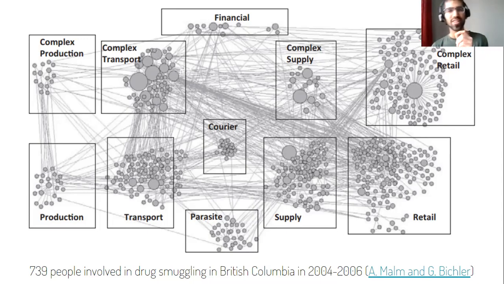So what the researchers did that was so cool, I think, was these bigger dots that you see, they're not the ones that are most connected. They're the ones that have the most niche roles. By that, I mean they're the ones that perform the most specialized tasks. Like, let's say they transport multiple types of drugs.